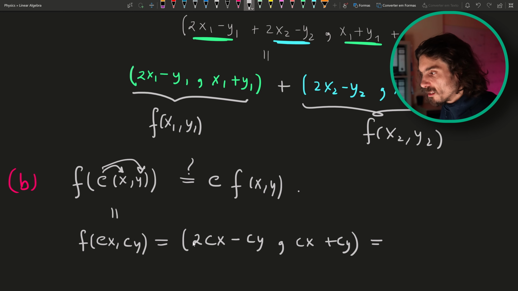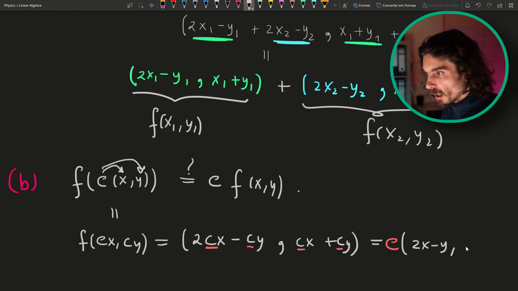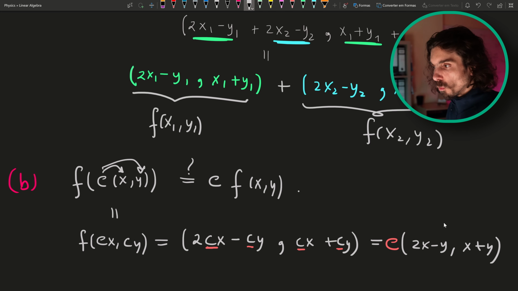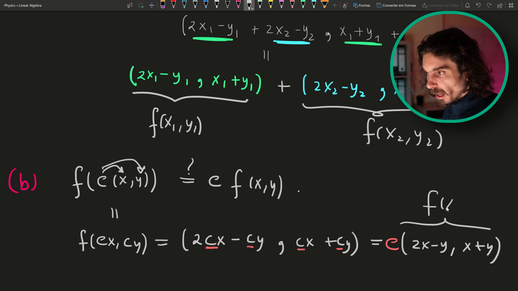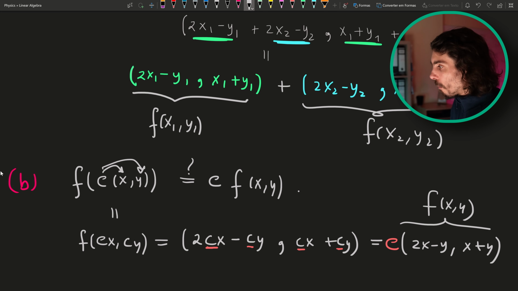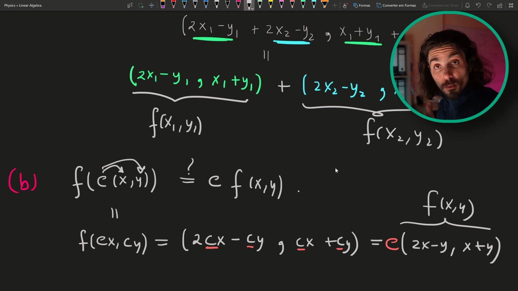And I think you can see it. You can factor it, can't you? Can you see c? c is everywhere, so we have a c: c times (2x minus y, x plus y). It's done. What we find here is c times f(x, y). So the property B holds for our function.